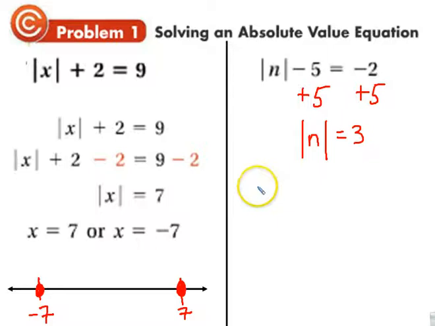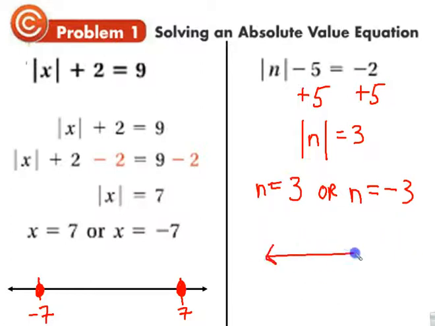So what could n be? n could be 3, or n could be negative 3. And then when we graph it, we would put 3, negative 3, and then a closed circle in each location. Okay, all right, so these were equations.